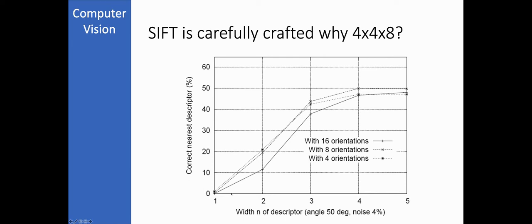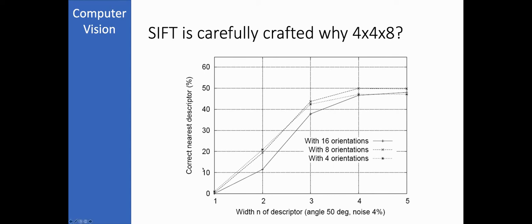What I show here is the correct nearest descriptor. I extract descriptors from 2 images that correspond to each other, and I test whether these descriptors can be used to match truly corresponding locations in the 2 images.